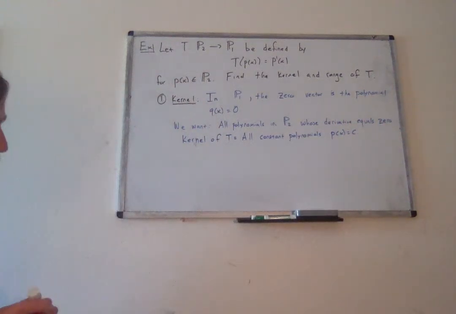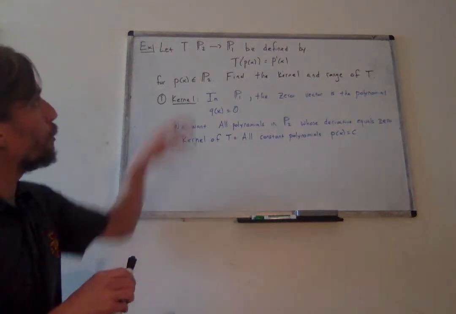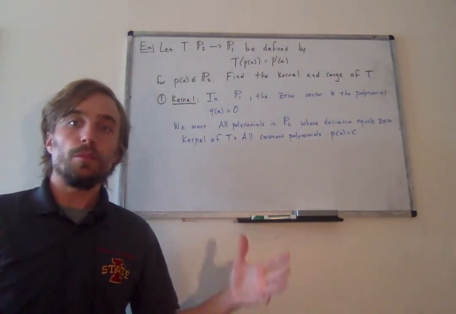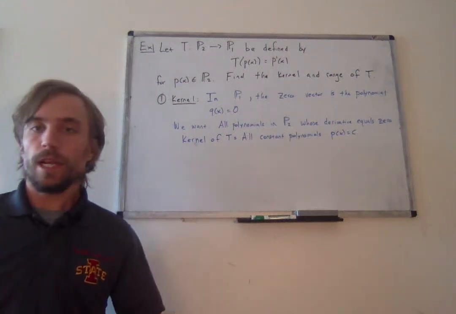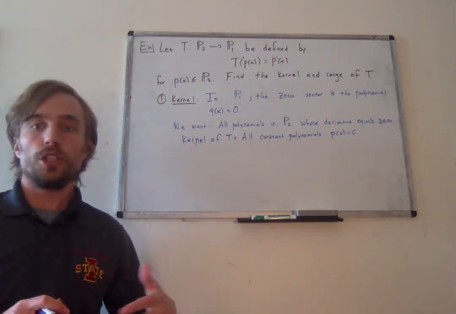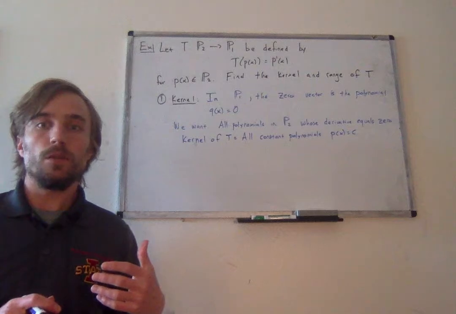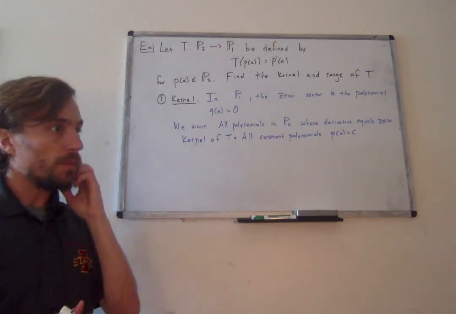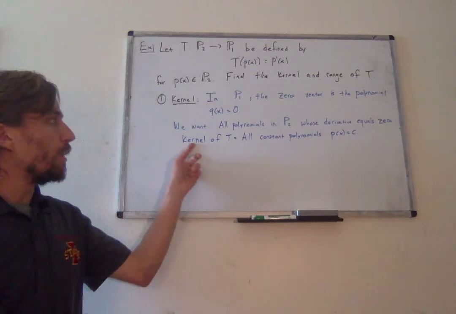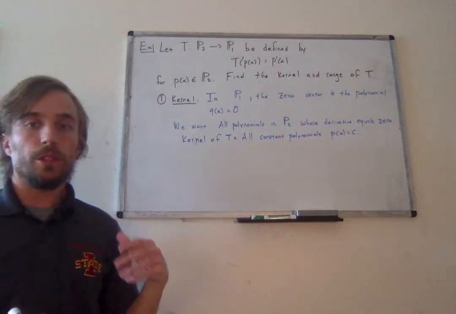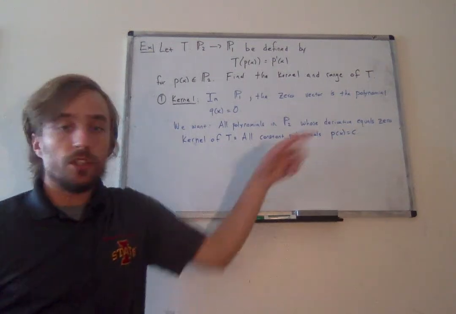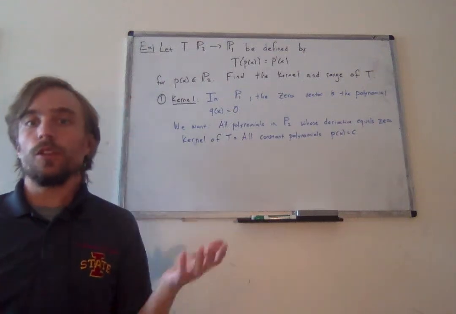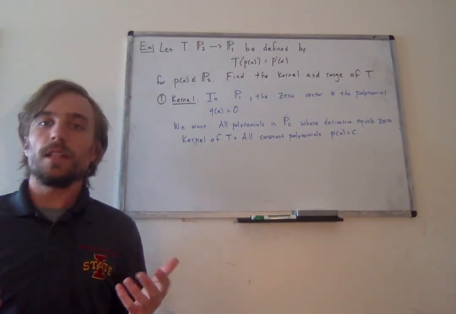Remember, P2 contains polynomials of degree at most 2, so it contains the polynomial 3x minus 2, or the polynomial P of x equal to 5. And here we just want all of the polynomials of degree at most 2 whose derivative is equal to 0. That's just all polynomials with no x terms, so all of the constant polynomials.